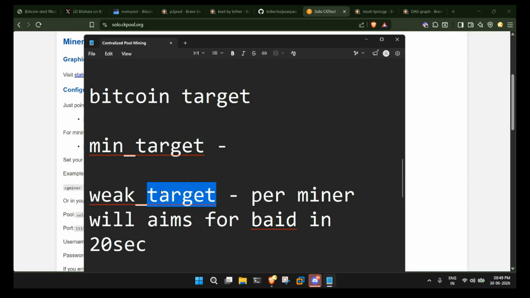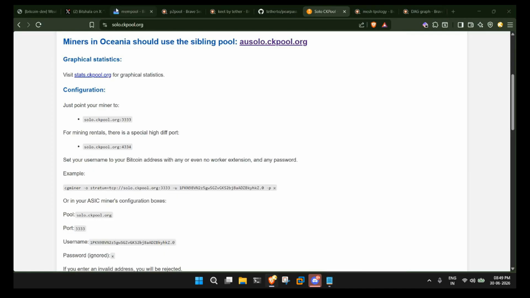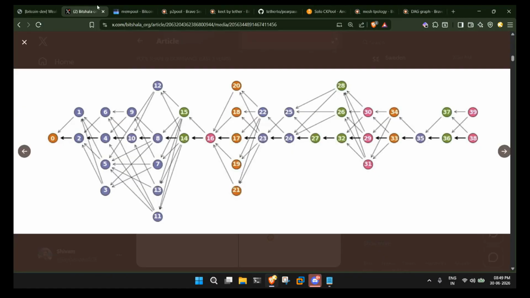So you will find weak shares, beads, frequently. When I say beads frequently, it means sharing your weak shares like this more frequently. And when your Bitaxe finds something, it will send the solution to the Braidpool node. The Braidpool node will check whether what the Bitaxe has done is valid or not. If yes, it will create a new bead here.